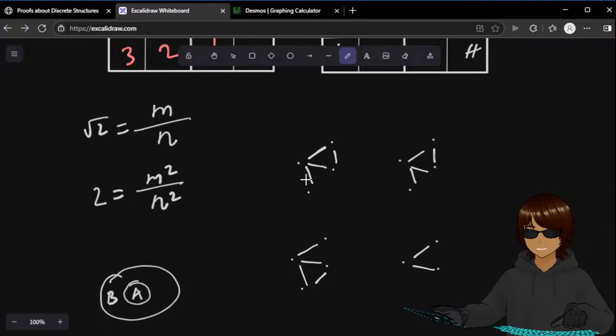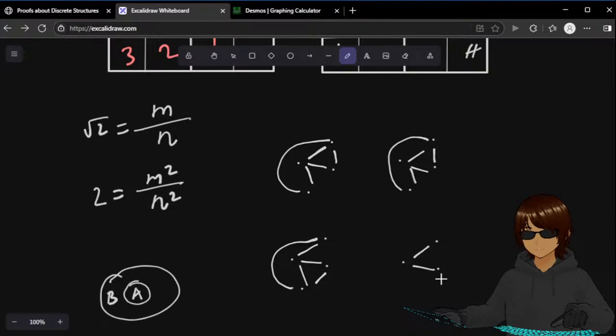So this is three. This guy has done two. This guy has done two. This guy has done one. Unless we do this. Now this guy has done three. This guy has done two. This guy has done two. Two.